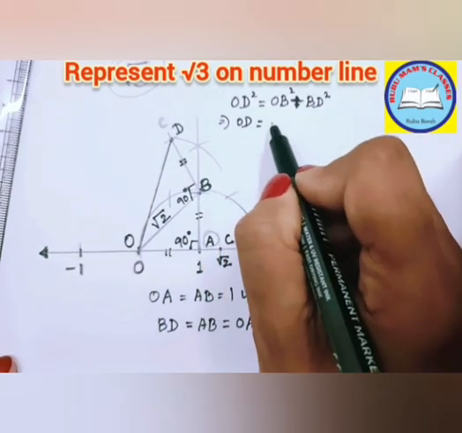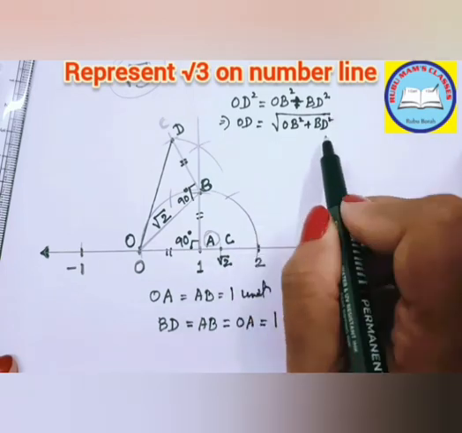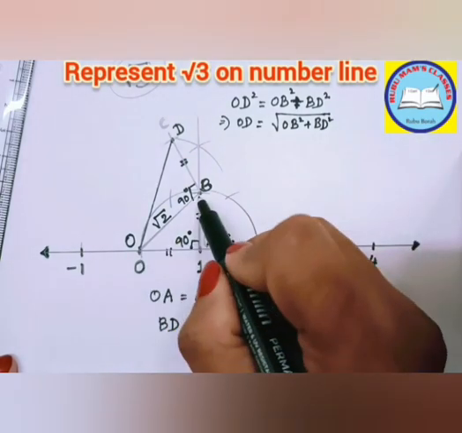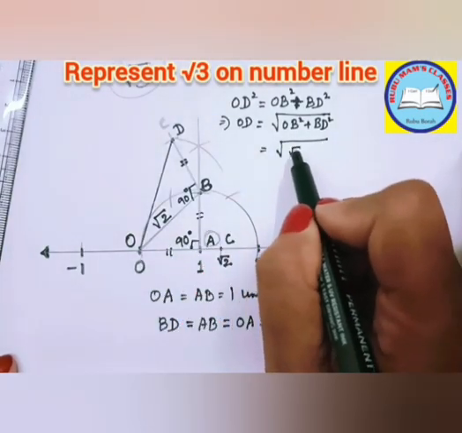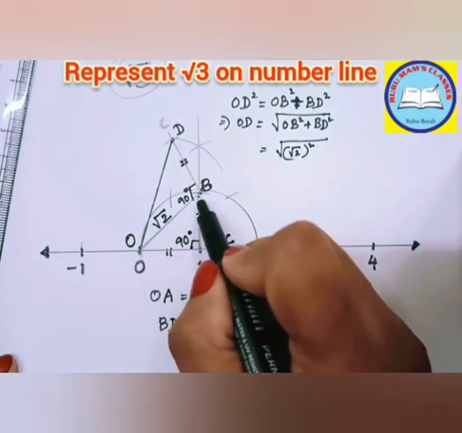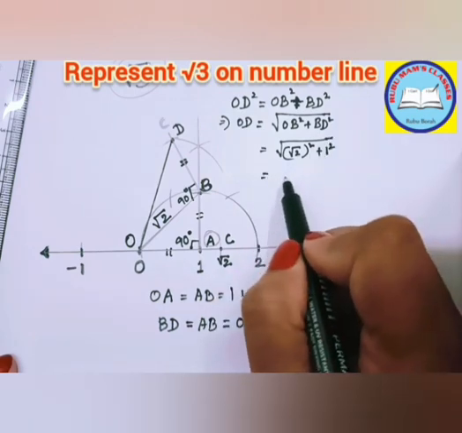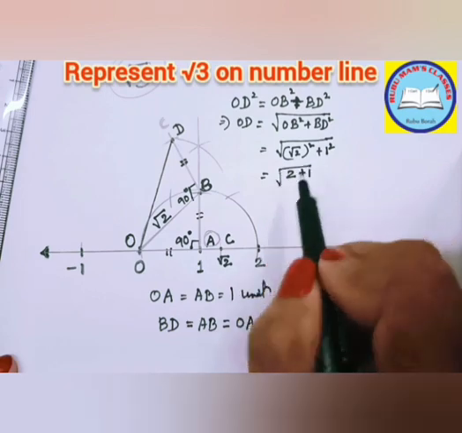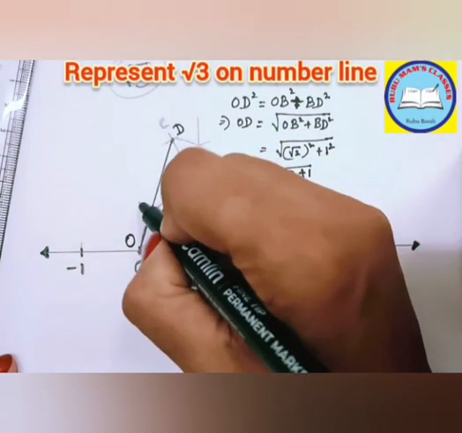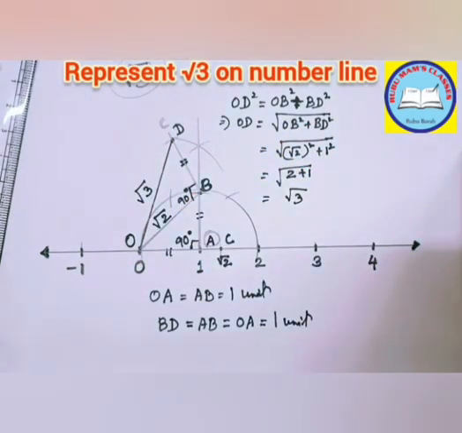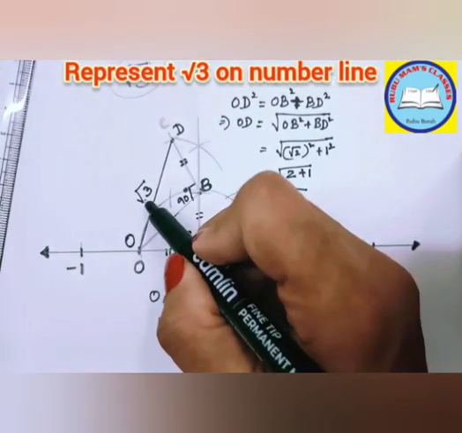Therefore OD is equal to root of OB square plus BD square. So now what is OB's value? It is root 2. And BD is 1 square. So root 2 square means 2, plus 1, under the root sign. So it is equal to root 3. That means this OD is root 3. Clear? This OB is root 2, and this distance OD is root 3.